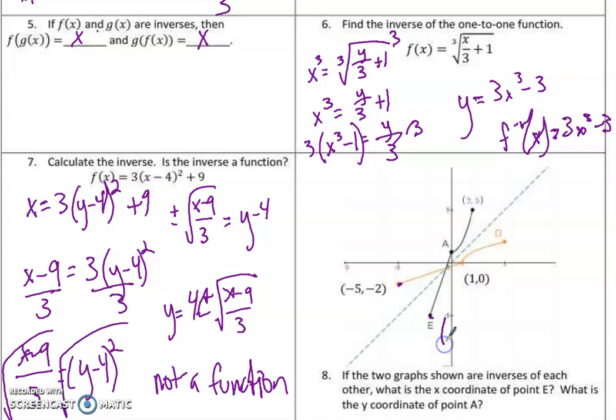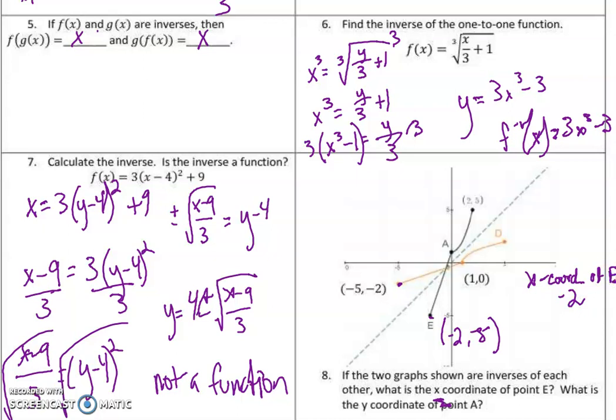So the ordered pair here, instead of being -5, -2, would be -2, -5, meaning the x-coordinate of E would be -2, because that's my x-coordinate. I'll write it right here. X-coordinate of E is -2.